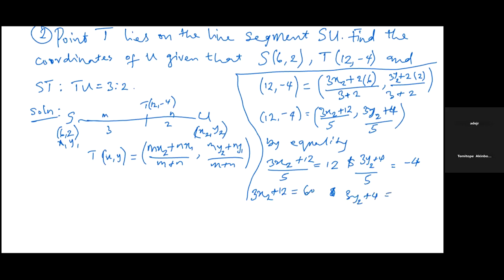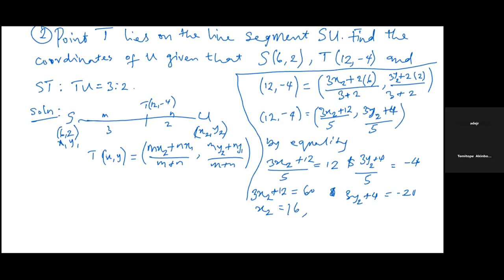So S2 from here will be equal to what? That's 60 minus 12, whatever it gives you, you divide it by 3. 60 minus 12, that's 48. 48 divided by 3, 16. Is that clear? So S2 is 16.